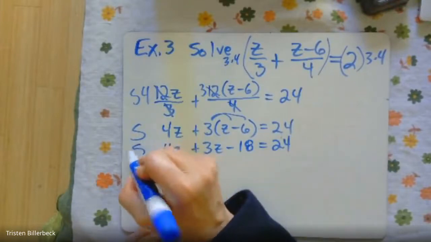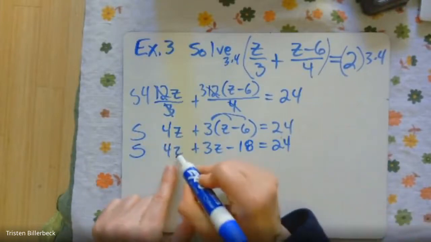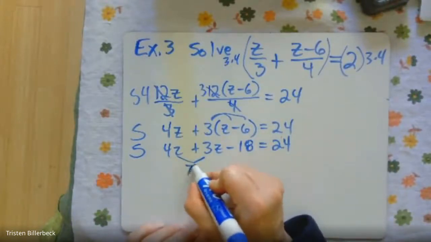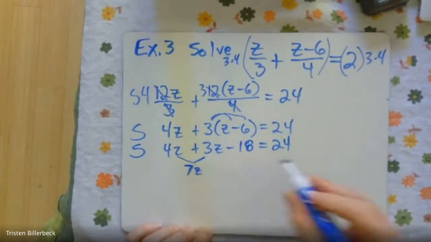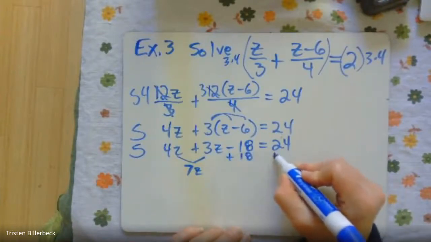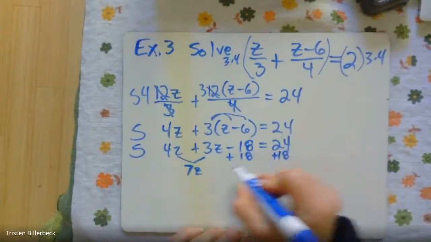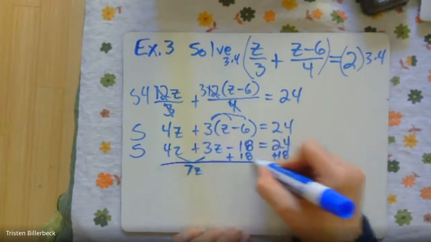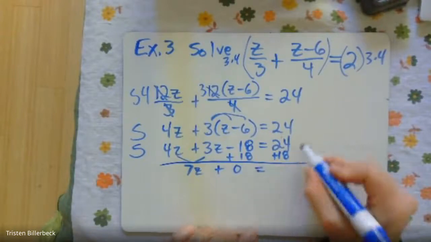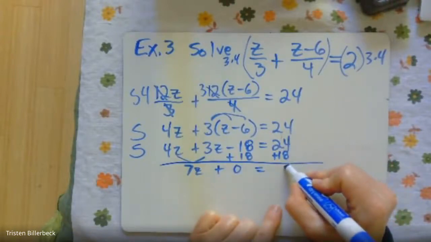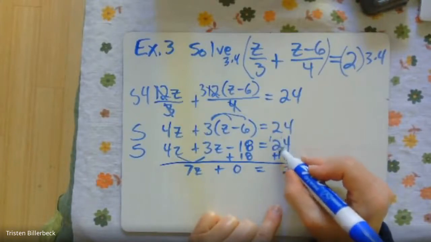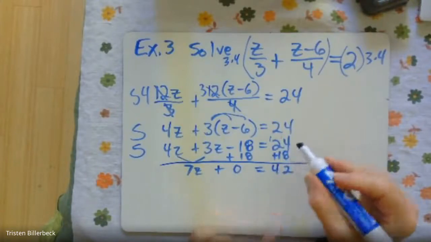So we're going to simplify again. So these two can be combined to 7z, and we could add 18 to both sides at the same time. So 7z plus 0 equals, and this is 8 plus 4 is 12, carry the 1, and 1 plus 2 plus 1 is 4.